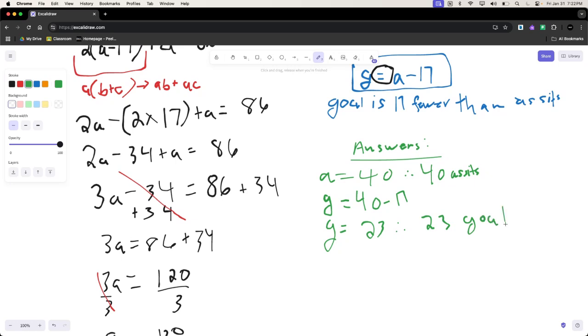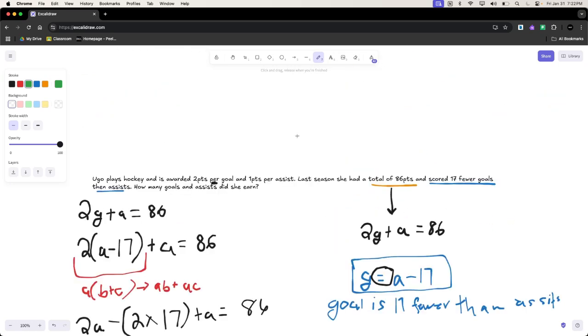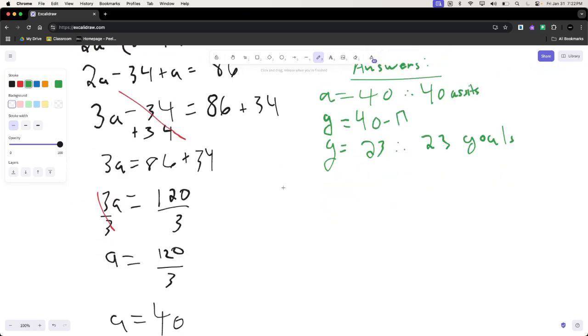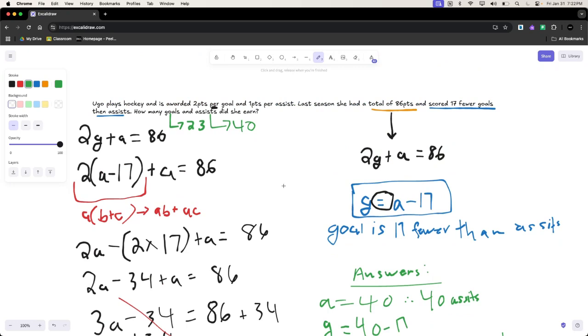So in conclusion, this problem's answer for goals and assists is 23 goals and 40 assists. And if you double check your work, 23 plus 40 will give you 86, and 40 minus 17 will give you 23. And that's all thanks to the power of algebra and the expressions that are used within it.